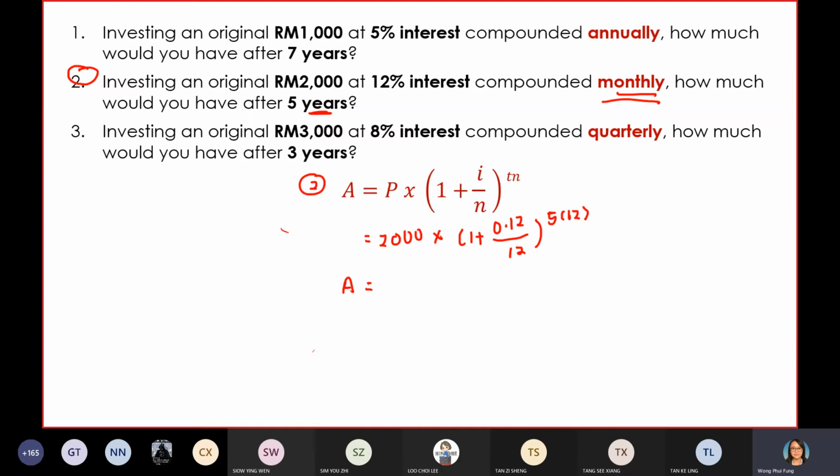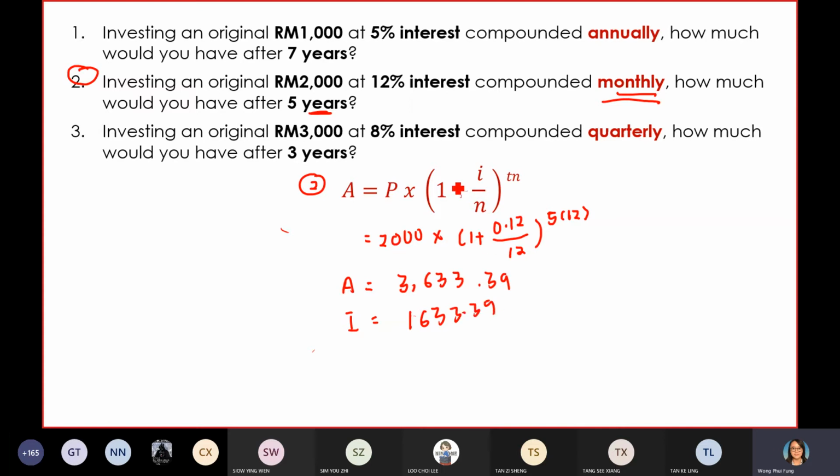What is the figure that you're going to get at the end? Yes, very good, very fast. 3,633.39. That is A. But if the question asks you for I, what is the interest incurred? You minus 2,000. Yes. Okay.